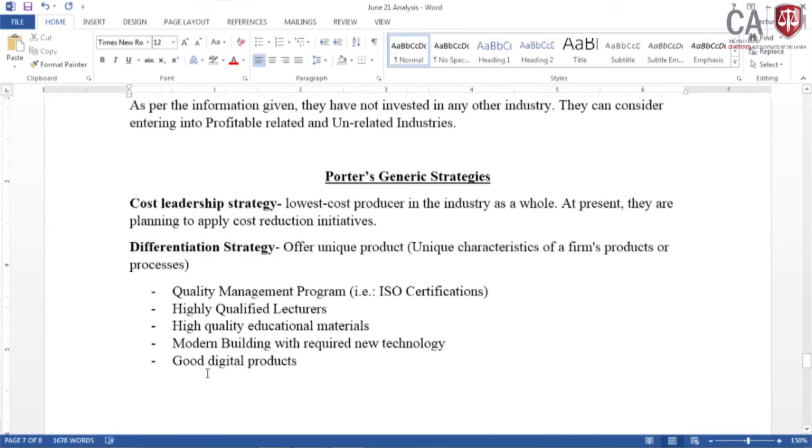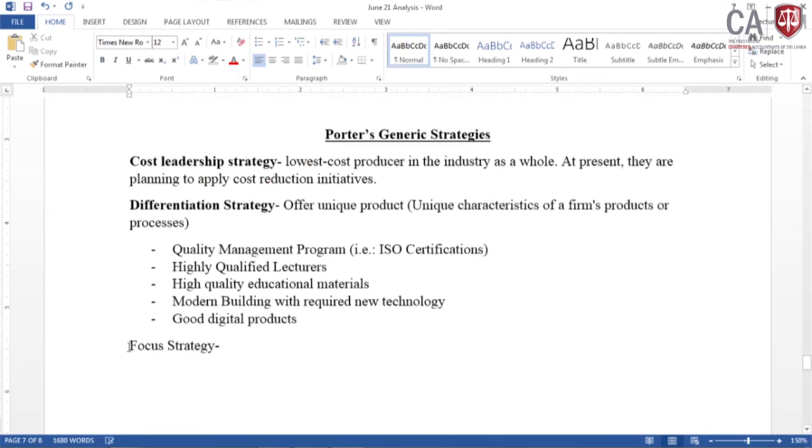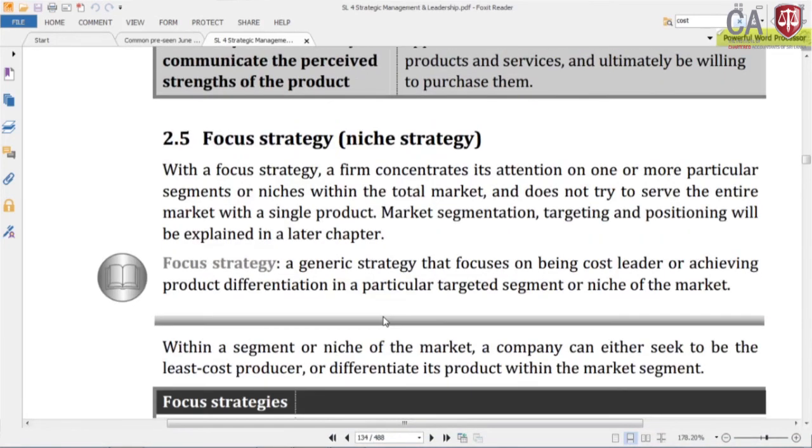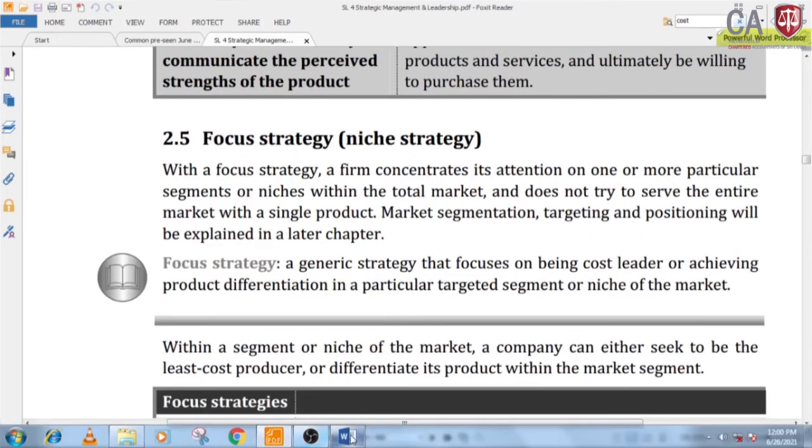Then focus strategy applications, niche strategy.